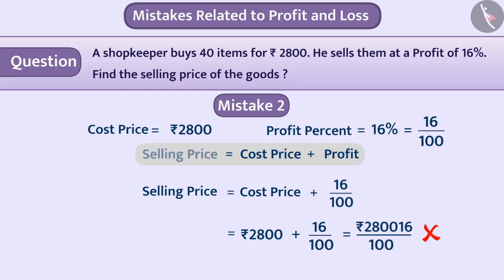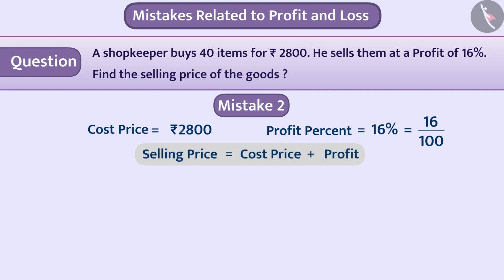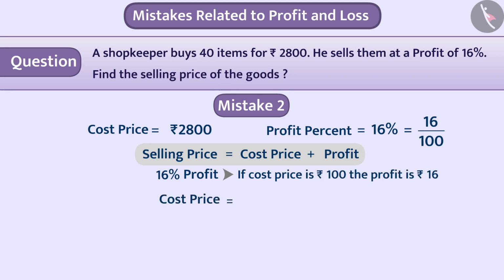Remember, the selling price is obtained by adding the profit to the cost price, so we must convert the profit given in percentage into actual profit. Here, 16% profit tells us that if the cost price is rupees 100, then the profit is rupees 16. In this way, when the cost price is 1 rupee, the profit will be 16 divided by 100.